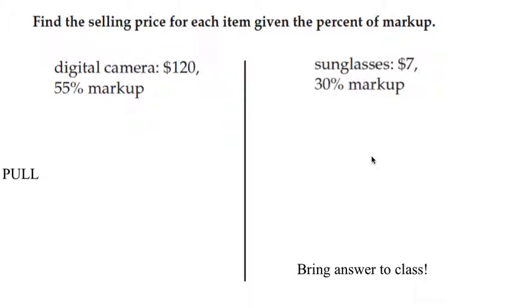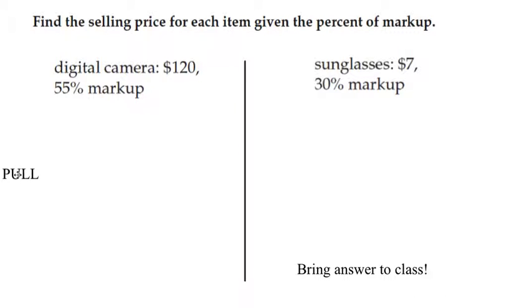So here's a chance. I'm going to go ahead and walk through the one on the left, and I'm going to have you bring your answer to class on the one on the right. Find the selling price for the item given the percent of markup. If we have a digital camera for $120 and they mark it up 55%, we're looking for the part. The whole is 120.